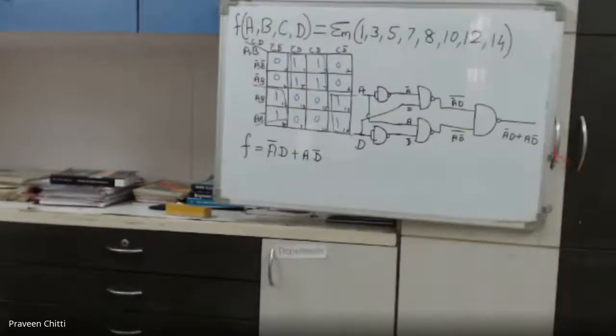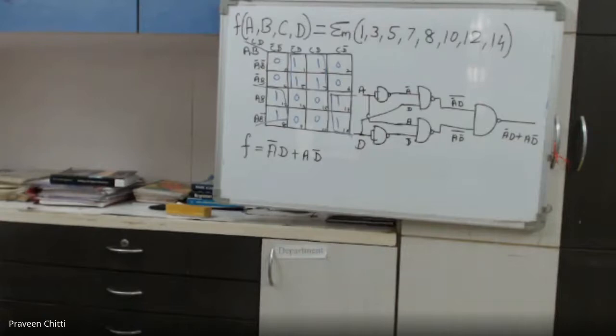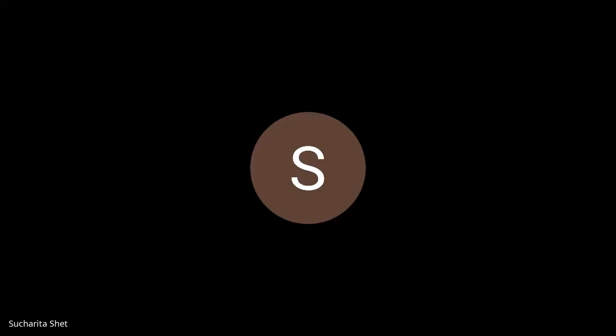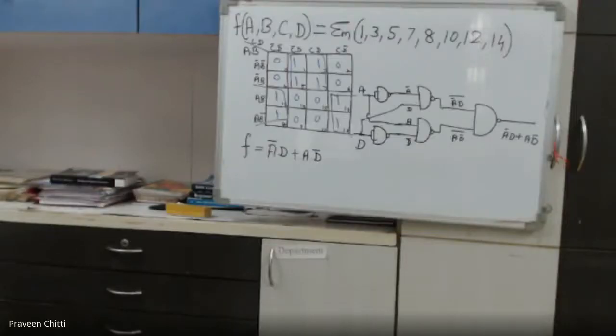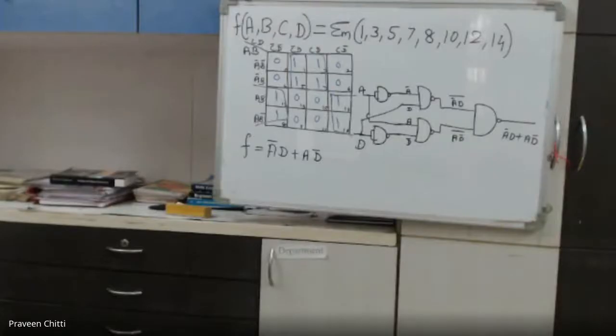Understood now? Yes, sir. Sucharita? Yes, sir. Understood. Clear? Akanksha? Yes, sir. Clear? How to draw the logic diagram also? Yes, sir. I hope all of you have understood this. If you understood, I will move ahead with the next example.